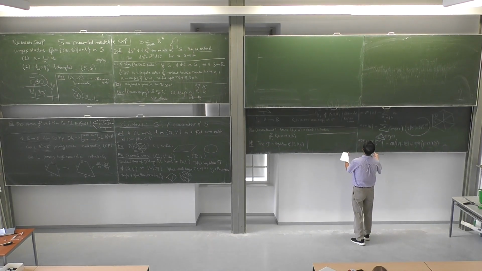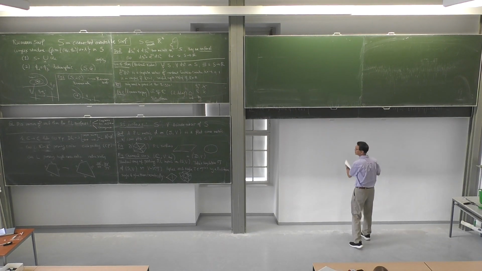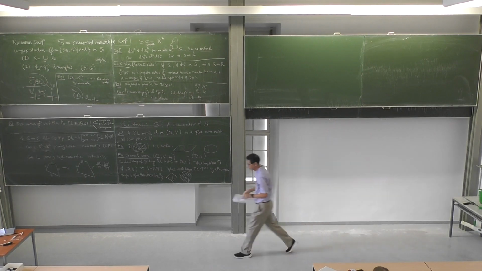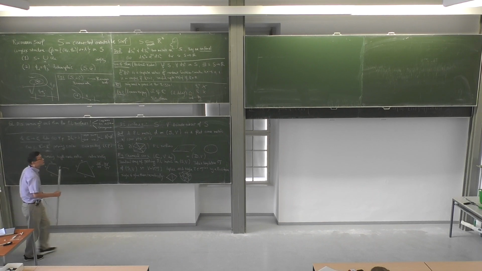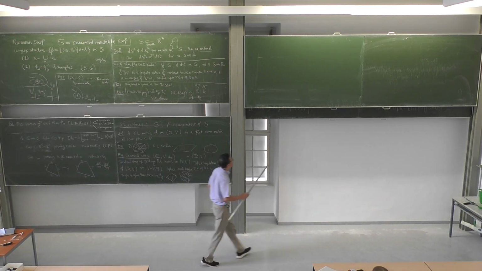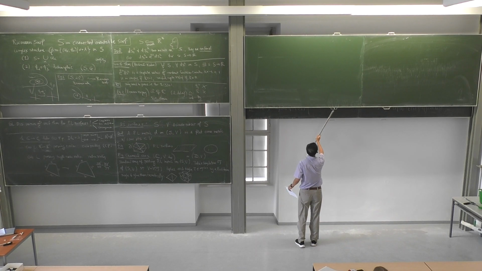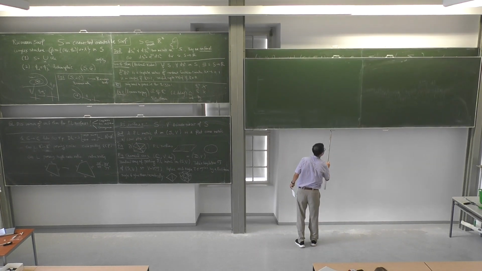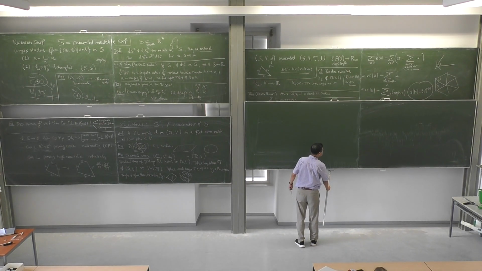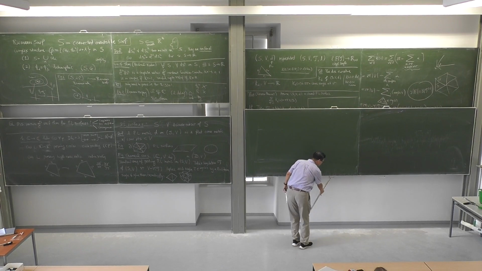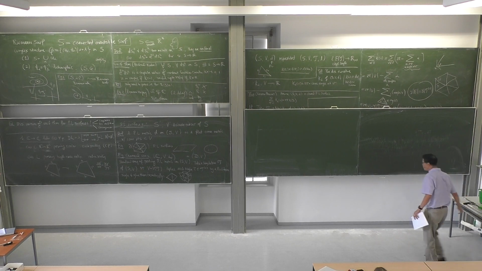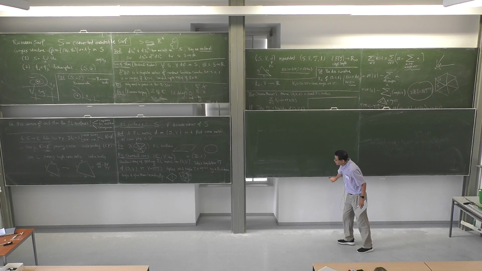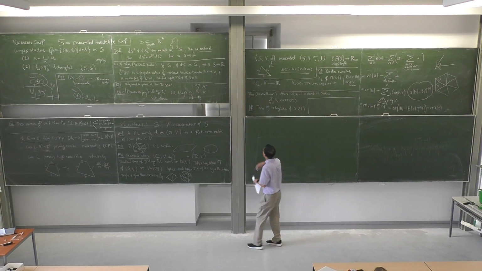So let me give you a couple of examples of polyhedral metrics. And these are the circle packing metrics. So here is the class of circle packing metrics.